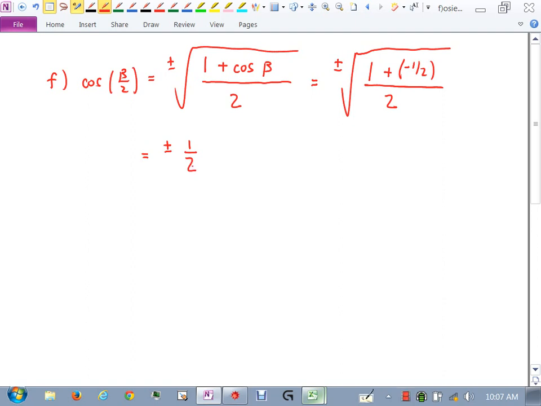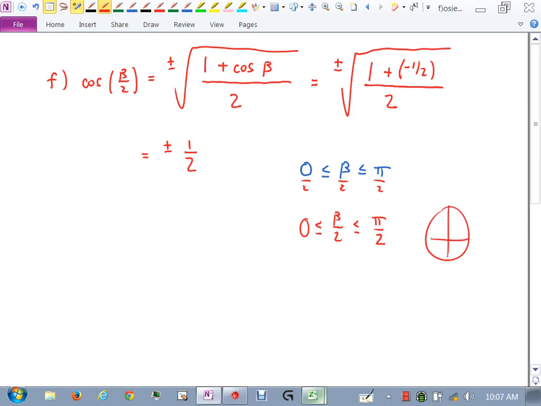We okay with that? Now, which one is it, plus or minus? Well, give me the restrictions on beta. What were they? 0 to pi, right? So cut that in half. Divide everything by 2. And you get 0 is less than or equal to beta over 2 is less than or equal to pi over 2.